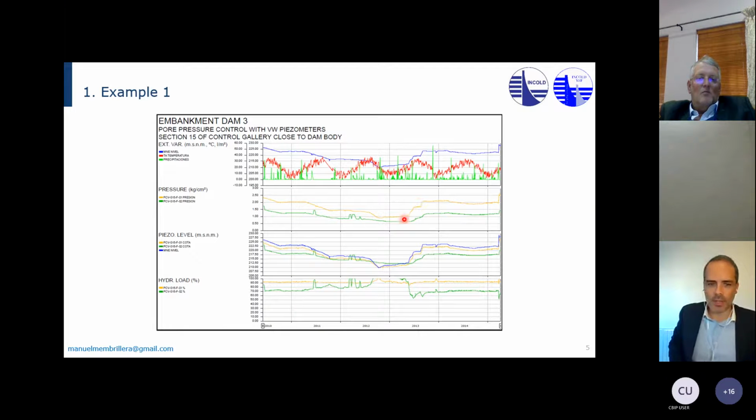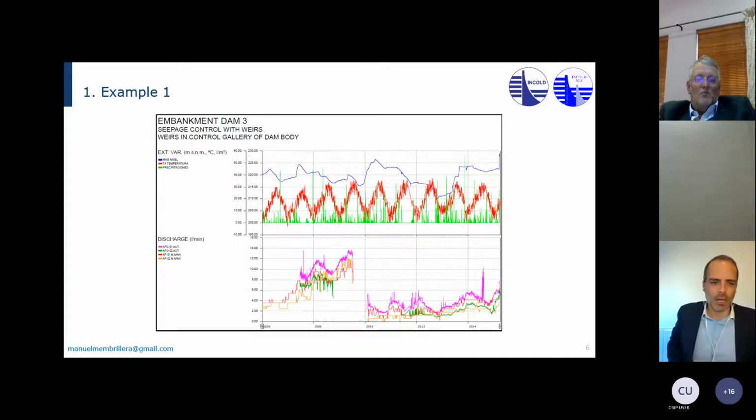See, this is 2013, and of course, reservoir levels go up, but this piezometer, which in the past I'd always shown a trend following the reservoir levels, really went up, and this was combined with, again, a lot of seepage. So we had to go also for grouting works.